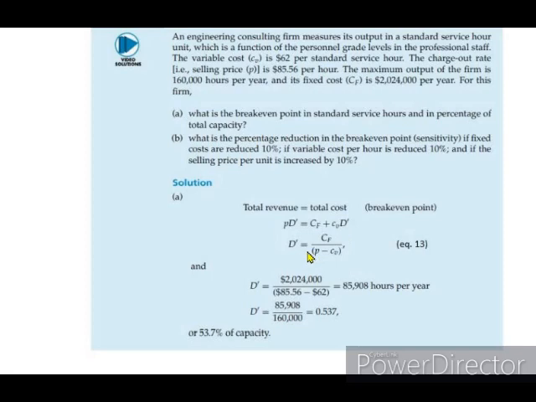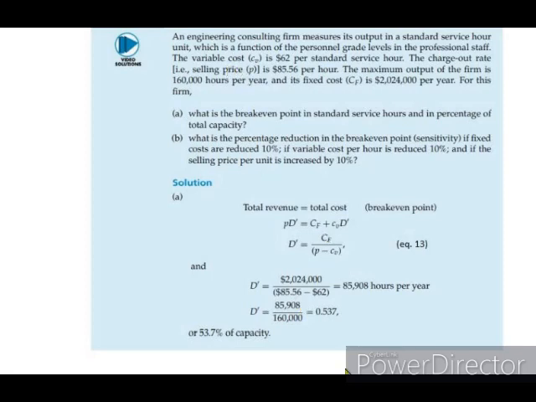So the demand is equal to C sub F over P minus C sub U. Substituting all the given, we have C sub F, $2,024,000, over the price, because it is the selling price per hour, 85.56 minus $62, which is the variable cost.